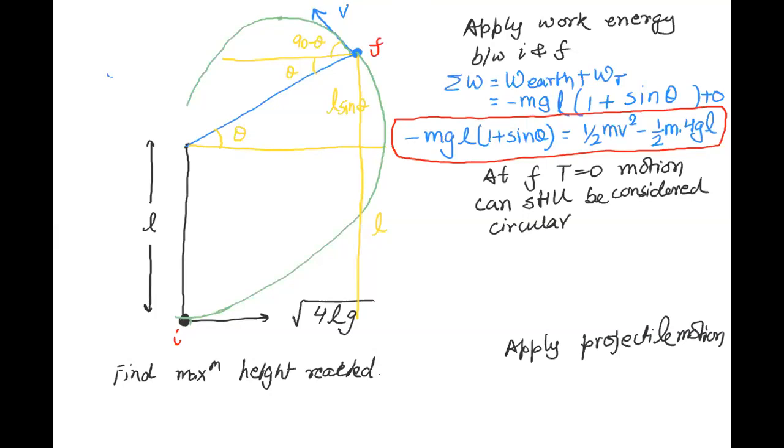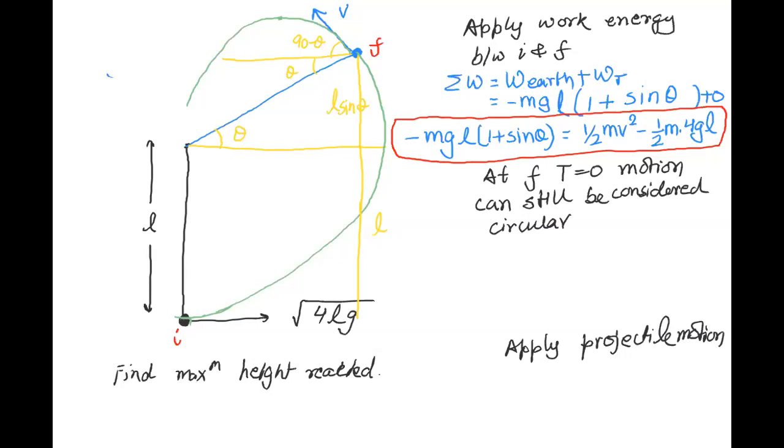So at the point F, we can say both things: that circular motion is still there, although beyond this point it is not, and also that projectile motion starts from this point, because before this point projectile motion was not there.